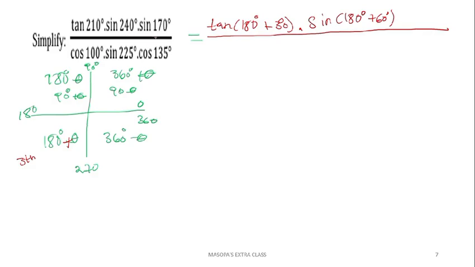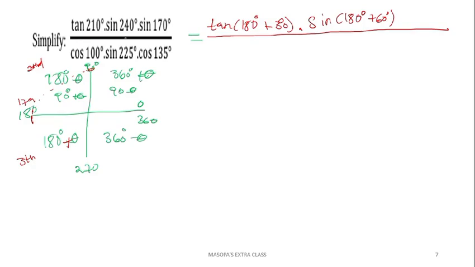Then we have sine 170. So where does sine 170 lie? From 90 to 180, that means that 170 lies in our second quadrant.